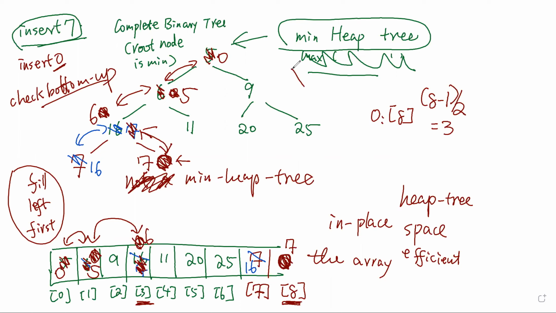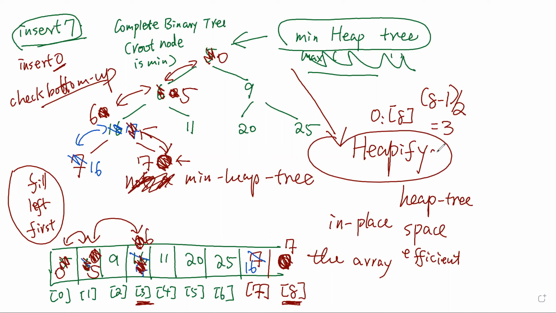This concept, a lot of times, we call heapify. To insert an item, a lot of people also call it heapify. So it's insert, insert, and you build the tree. That's how you build the tree, okay?